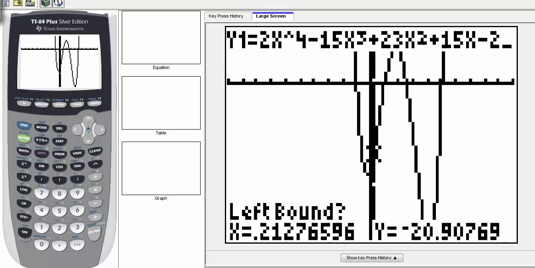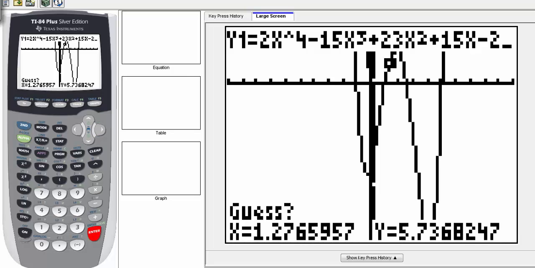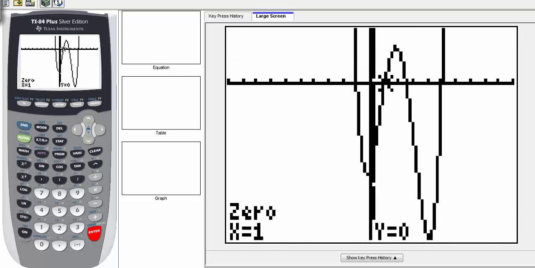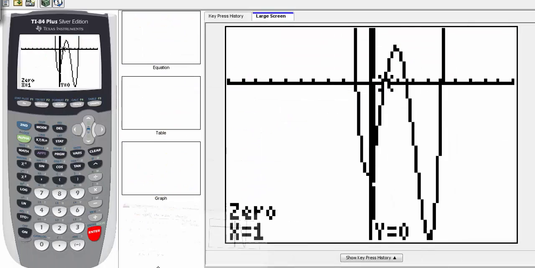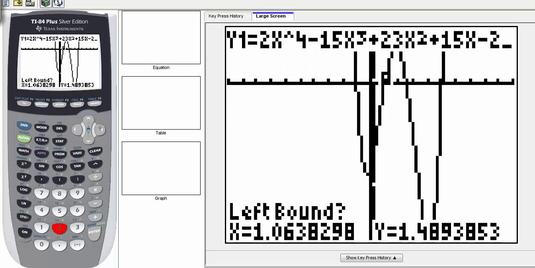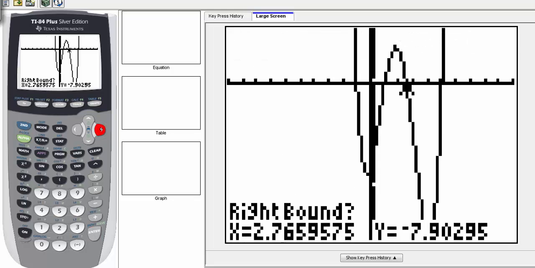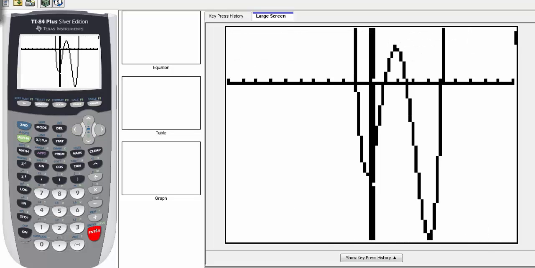Then we go second trace again, number 2 for zeros, move the cursor over, and we can set our left bound, make sure we go to the right of the point, we have our right bound, and then we guess, and we get x equals 1. We go to second trace again, number 2 is zero, and we go over to the next one here, we set the left bound, move to the right of this point, the right bound, then we guess, we get x equals 2.5.